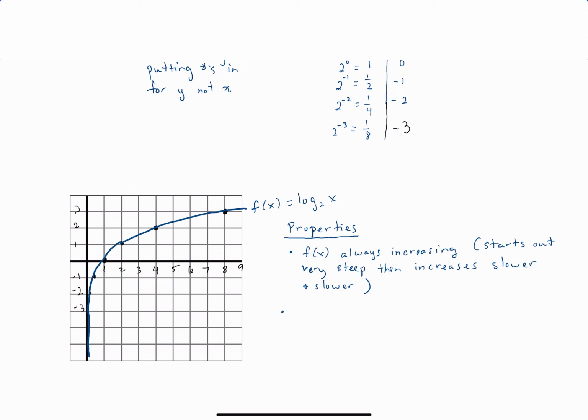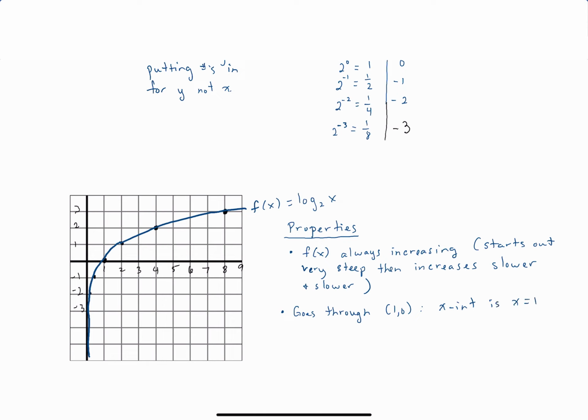What else? Let's see. It's going through 1, 0. In other words, its x-intercept is at x equals 1.